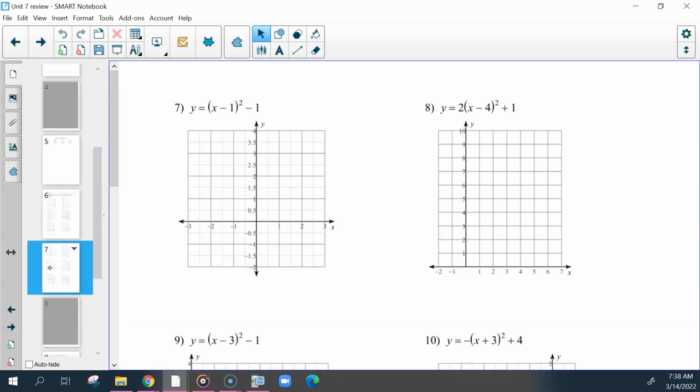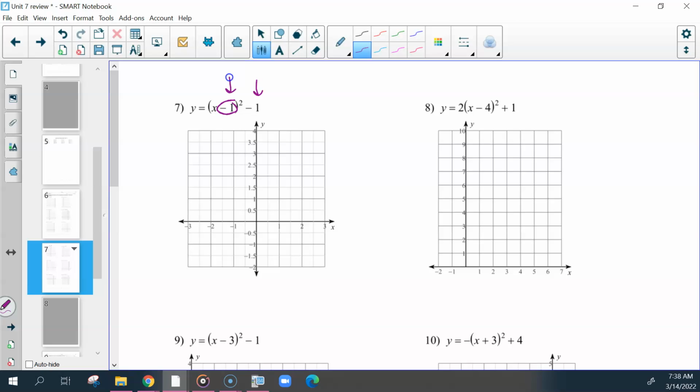If it's given to you in vertex form, that means you don't have to do that work because it's going to give you the vertex. You just have to know how to find it. Okay. So one thing we need to know is that your vertex is going to be this and this, except just like when we were putting the zeros of the solutions in factor form, and we did the opposite, this same thing is going to apply here.